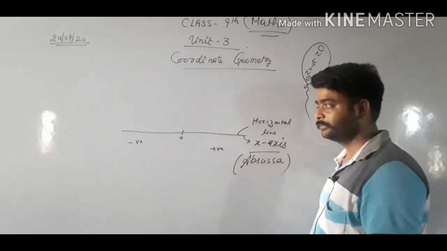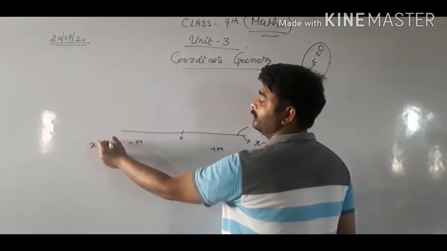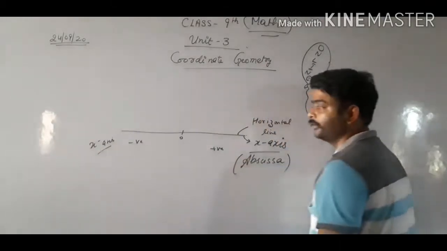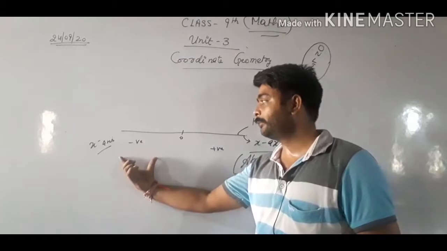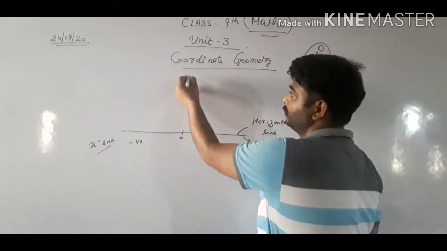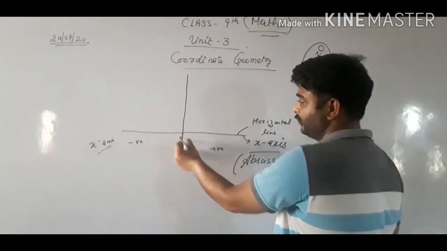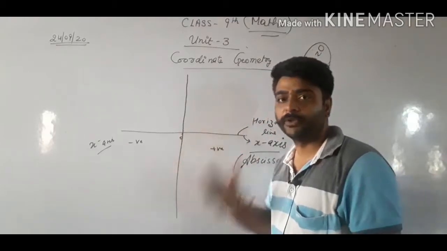This is the minus coordinate. So in a number line this part is positive, and this part is negative. Now class, one more line, you can say a vertical line, is passed through that particular point.